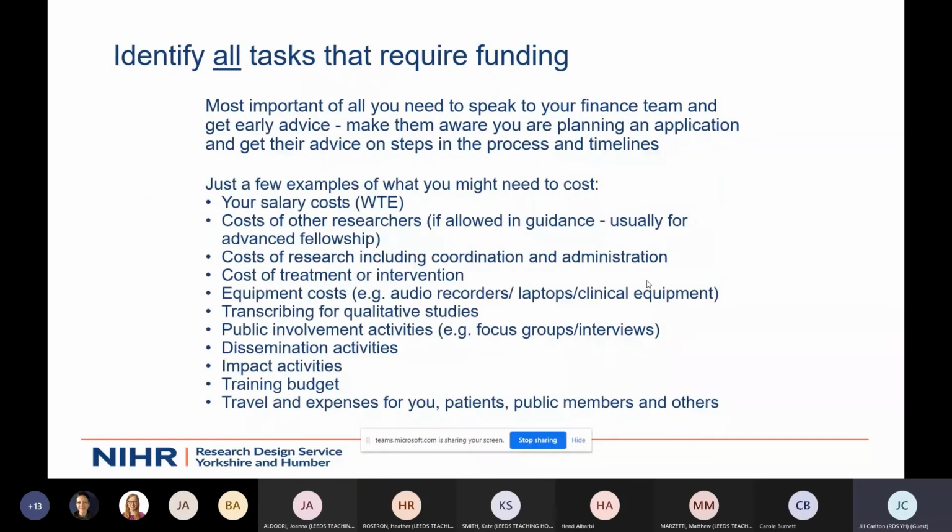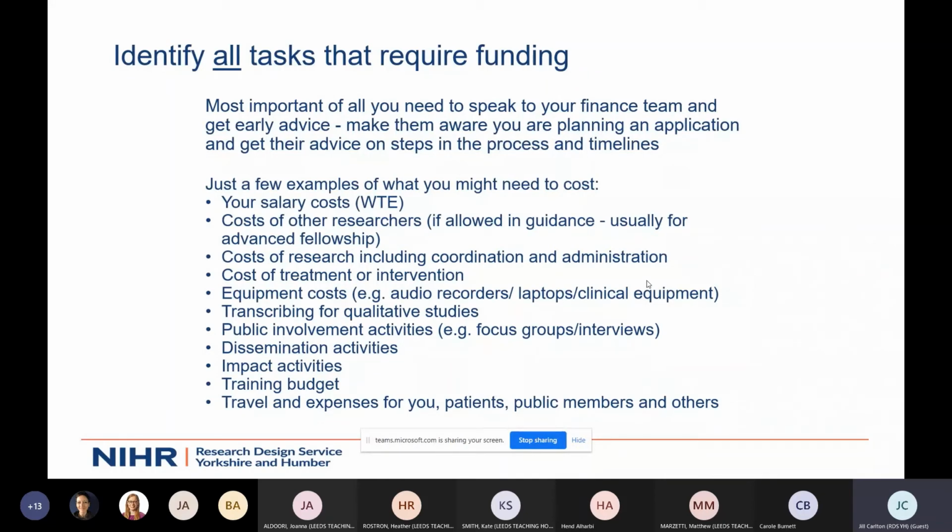But things that you need to consider are things like your salary costs of any other researchers, if you're allowed to cost that in, and you need to look at that in the guidance if you're going for those advanced fellowships. Costing in for things like any equipment that you might need, any public involvement activities, and if you haven't costed in public involvement activities, then that really is an indication that you're not taking public involvement seriously.